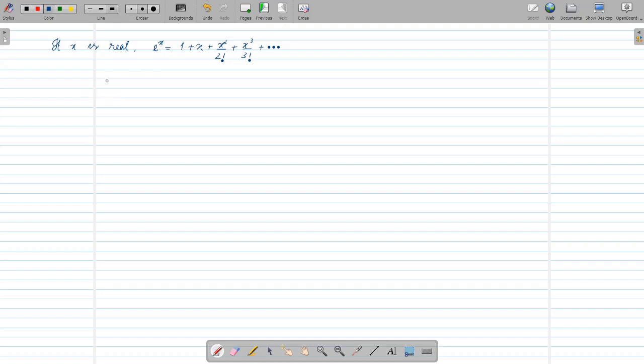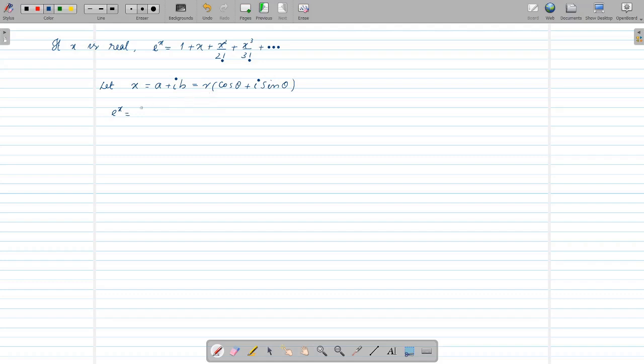Okay, so we let x be a complex number, x equal to a plus I times b, or you can write it as r times cos theta plus I sin theta. Then what happens when this x is replaced by this quantity? So we will find an expression for e raised to x by replacing this x by this one.